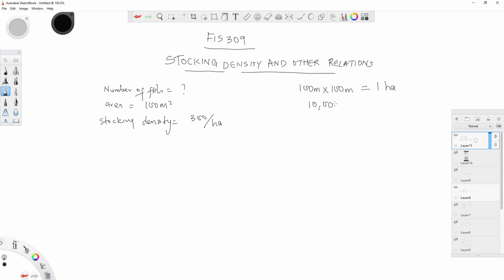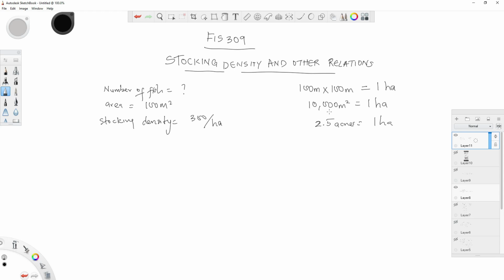That is, 10,000 meters square is 1 hectare. You need to know it. And 2.5 acres is equivalent to 1 hectare. So at least we need to know these ones. Let's now bring the idea into what we have here.